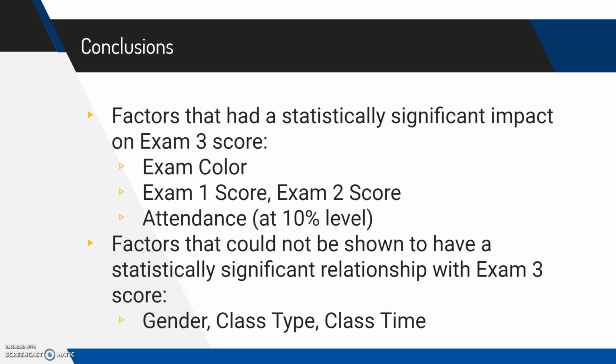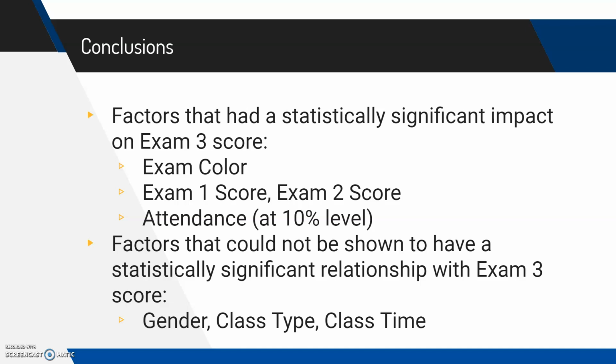They were highly statistically significant. And the higher you scored on one exam, the higher your exam 3 score was predicted to be. So typically those had a positive linear relationship, which is not surprising. Attendance was only significant at a 10% level, but again, the more you attend, the higher your exam 3 score was predicted to be.